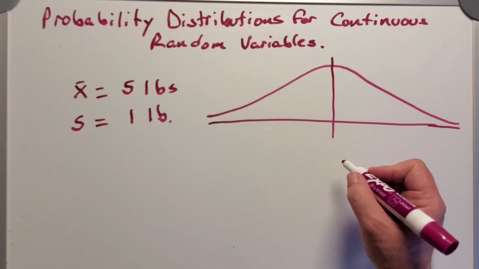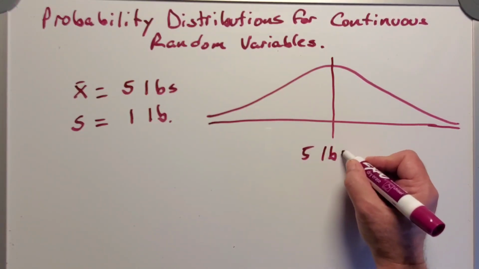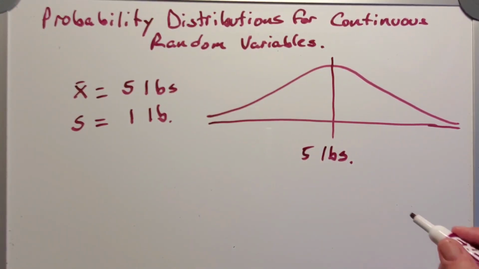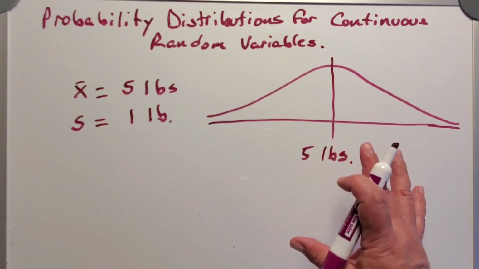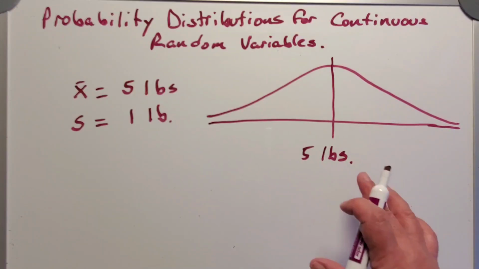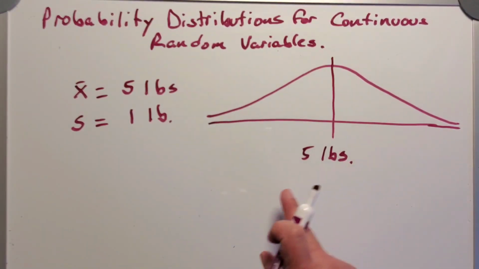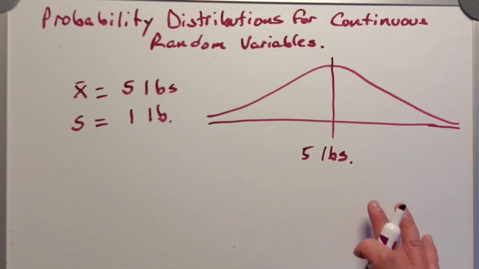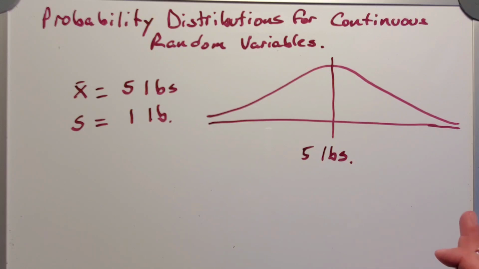So we have a mean of 5 pounds for this animal at birth. That means that most animals are around 5 pounds at birth. Some of them tend to be a little bit higher, some tend to be a little bit lower. A few tend to be very much higher or very much lower, but in general, they tend to be clustered around the average, which isn't that surprising. It's fairly easy to accept that as an idea.